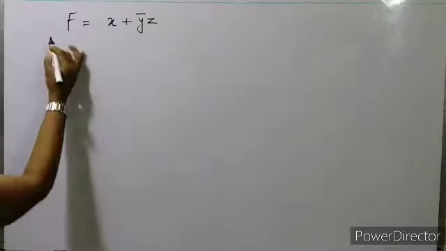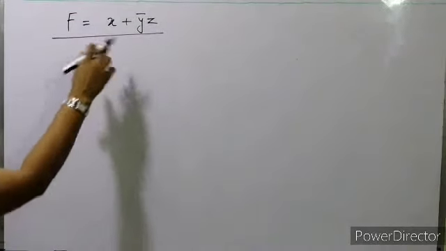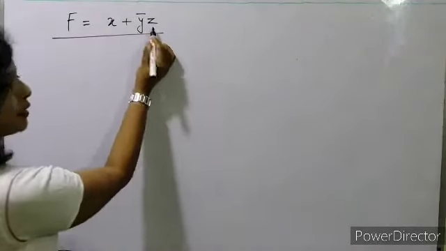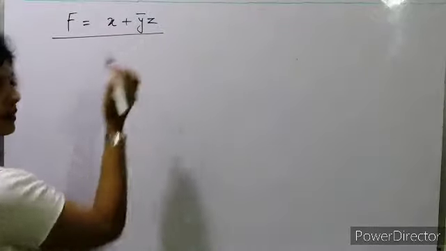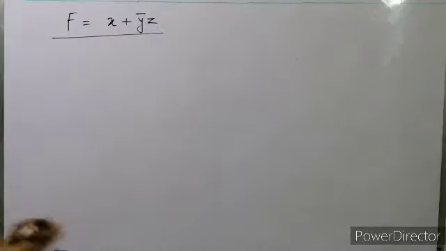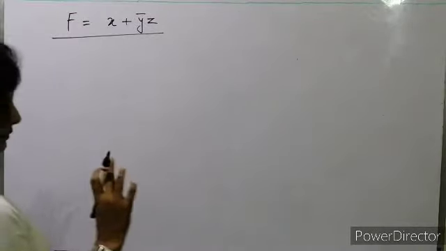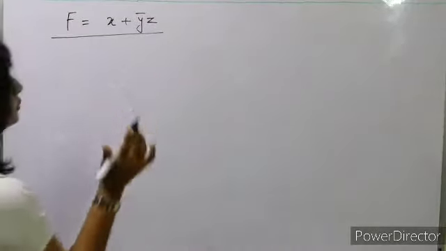So a Boolean function is given, f is equal to x plus y dash, not of y, into z, मतलब y bar into z, okay. So we have to draw the circuit and truth table, हमें logical diagram and truth table करना है, okay.